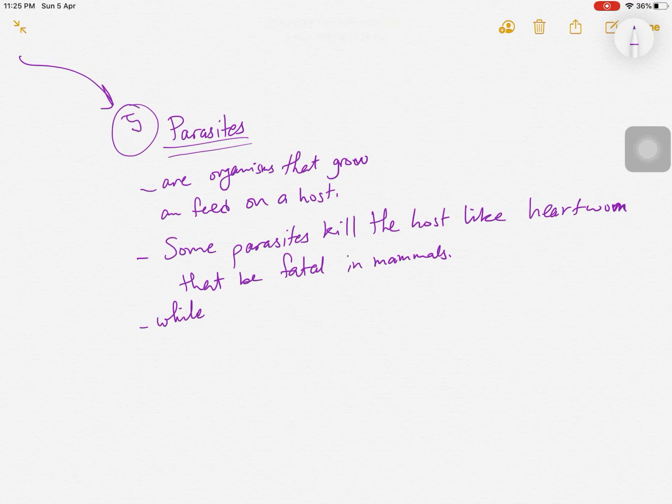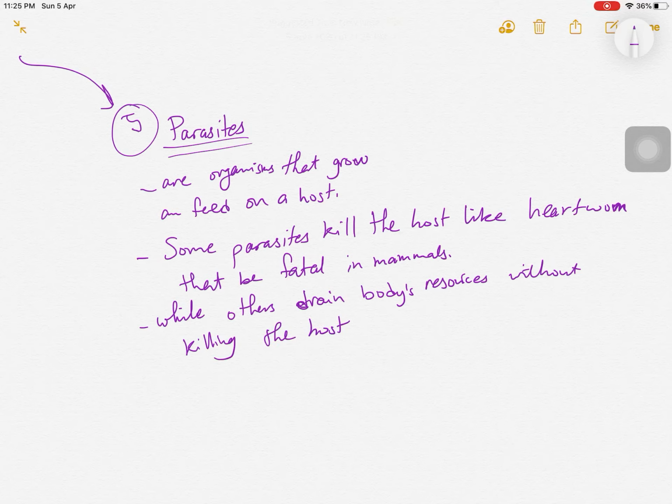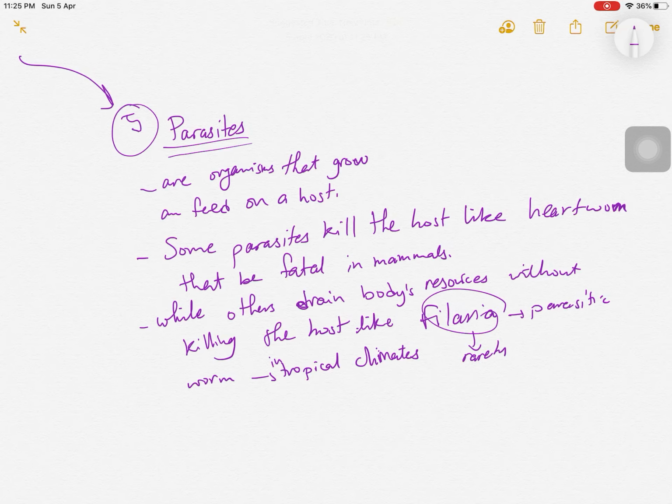while others drain the body's resources without killing the host, like filaria, which is a parasitic worm that inhabits tropical climates, and this organism rarely kills the host.